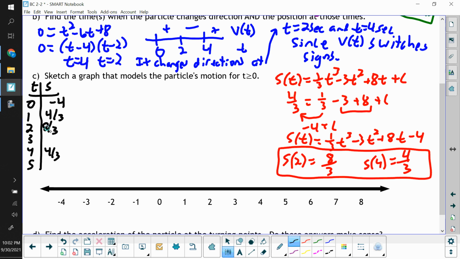So at 3 we should have gotten 2, and at 5 we should have gotten 8/3.